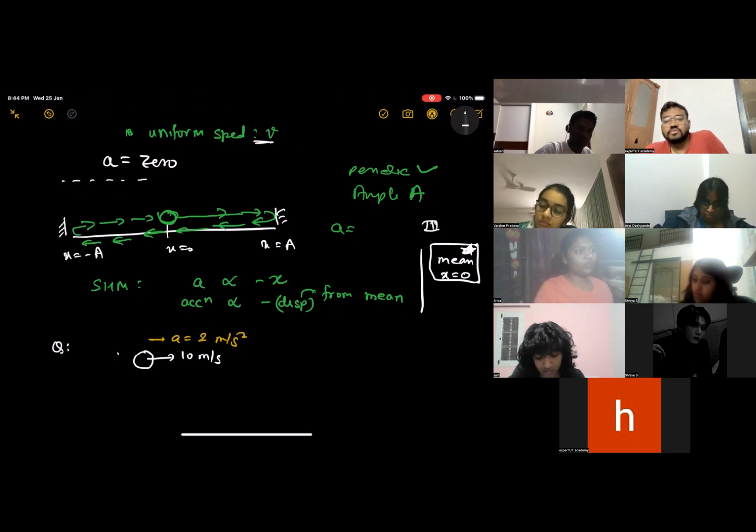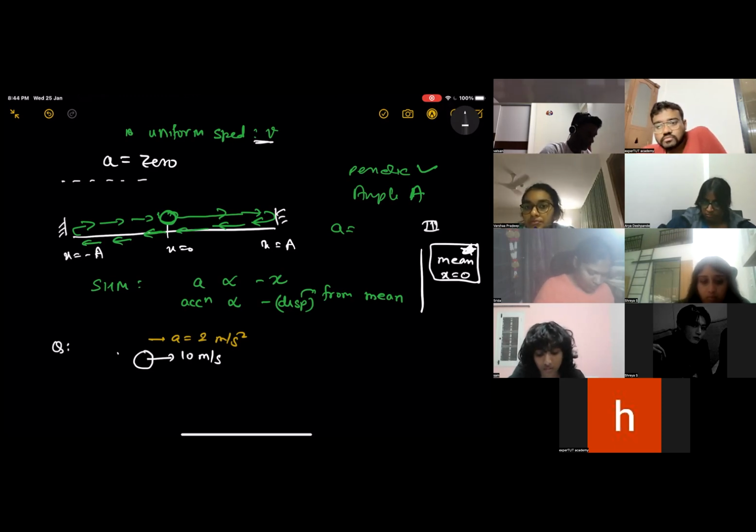Shreya. Yes, sir. If this speed is 10 meters per second, acceleration is 2 meters per second square, what is the speed after 1 second? Is it going to be like acceleration by the speed given? No, think a little. This speed is given. Now you act acceleration on it for 1 second.